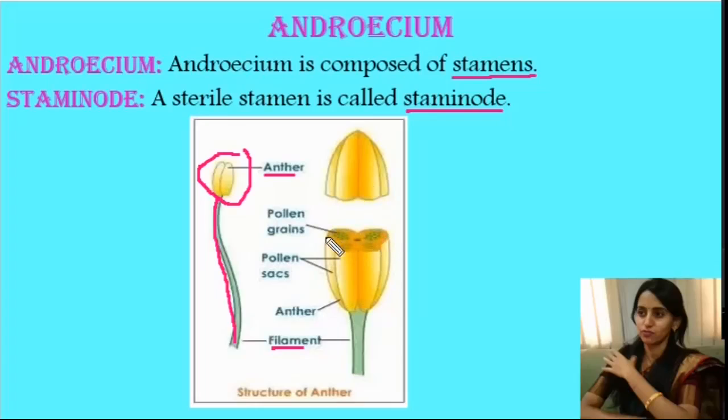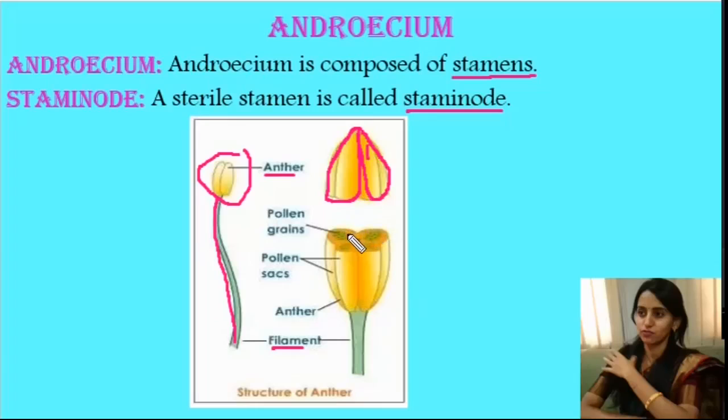You look at this. This is the transverse section of the anther. So it consists of, this is one lobe, and this is another lobe. So the typical stamen in angiosperms is bilobed. When you take the transverse section of a bilobed anther, we can observe four chambers.